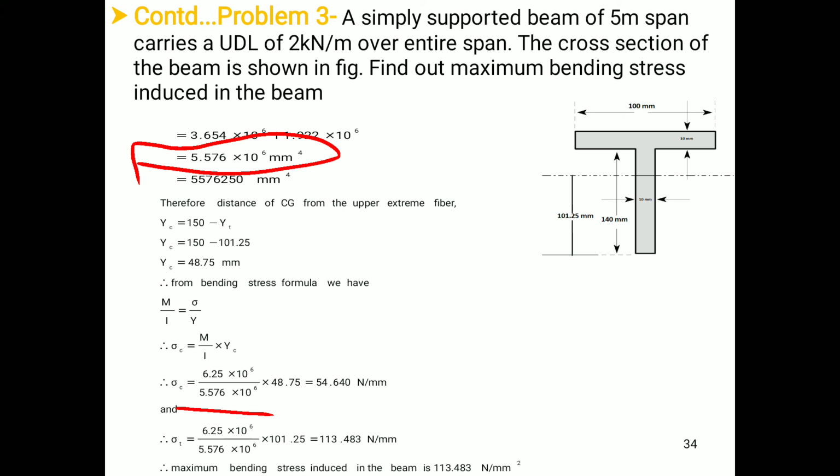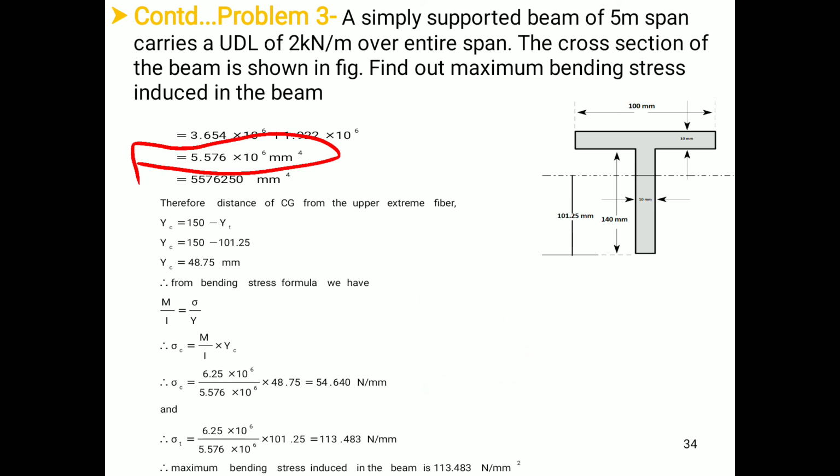Therefore, sigma C is 54.640 Newton per mm square. Oh sorry, it is Newton per mm square because it is the value of stress. By mistake the extra square remained, so consider it as Newton per mm square.